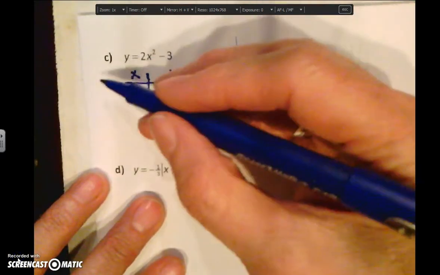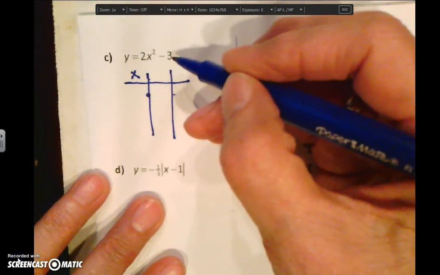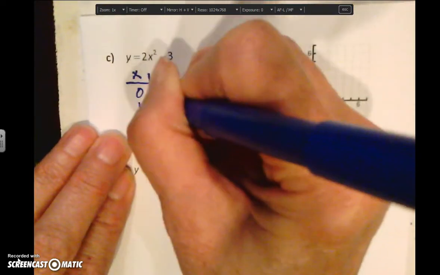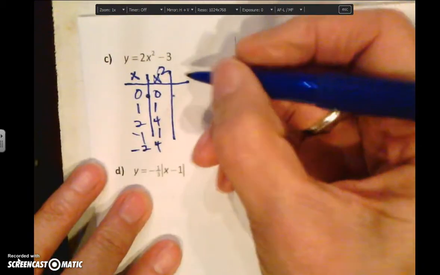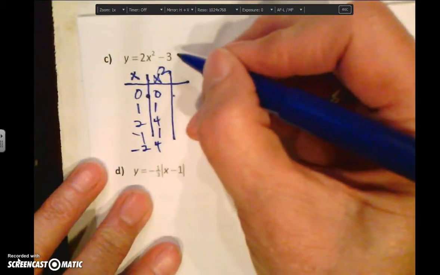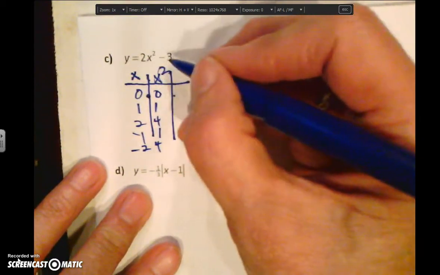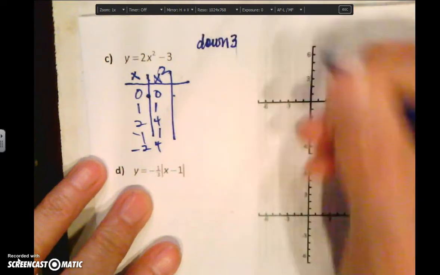All right, so here, example C, you've got 2x squared minus 3. So the parent then is going to be x squared, which is 0, 0, 1, 1, 2, 4, negative 1, 1, negative 2, 4. And this one's got this little minus 3 on it. So what's going to happen is that our function is going to move down 3.